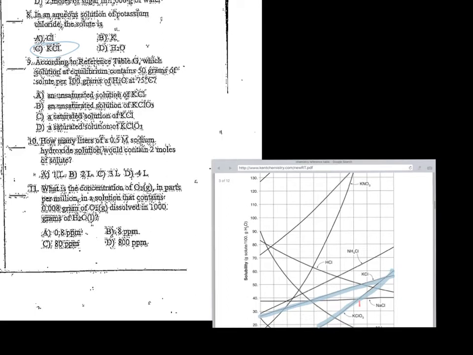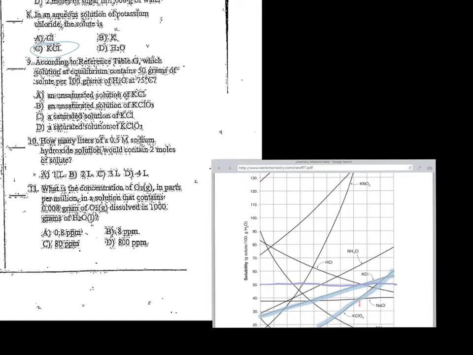50 grams is over here. Let me undo that. Use this one. 50 grams here. And look at our answer choices, unsaturated solution of KCl. So unsaturated meaning it's underneath the line.